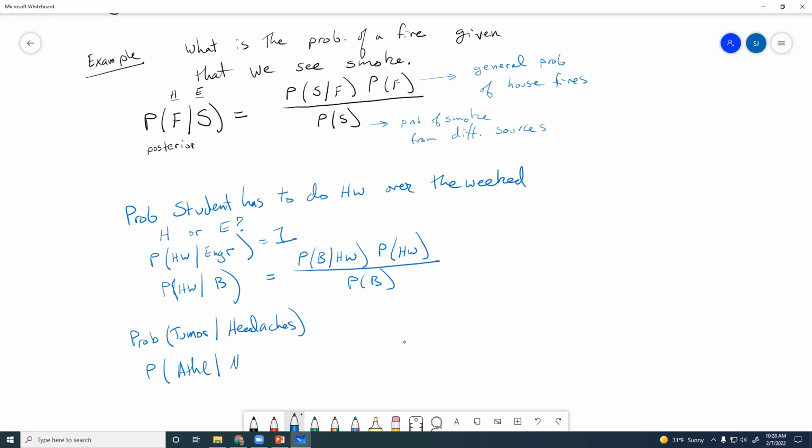Given they're doing math tutoring? Oh, the MAV center. Oh, in the gym. Got it. Okay. So you're in the gym. What's the probability that you're an athlete? Everyone's an athlete. There's athletes and then there's athletes.